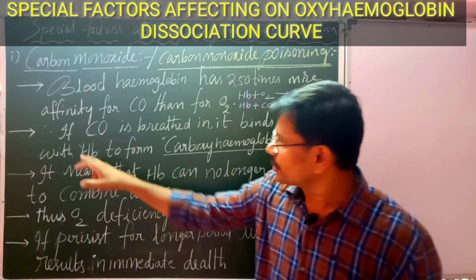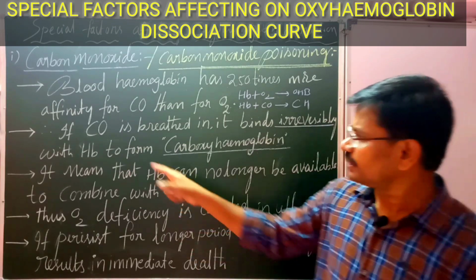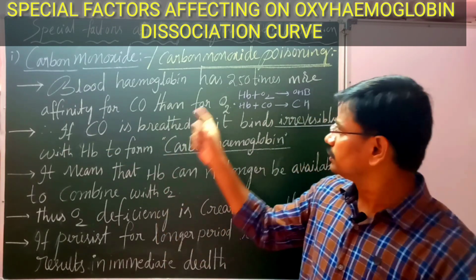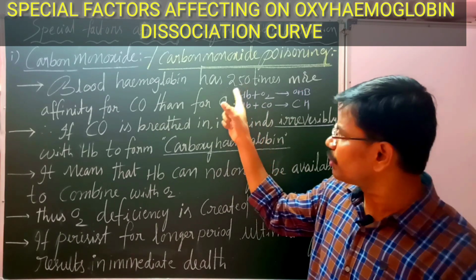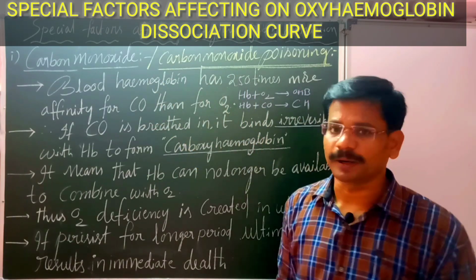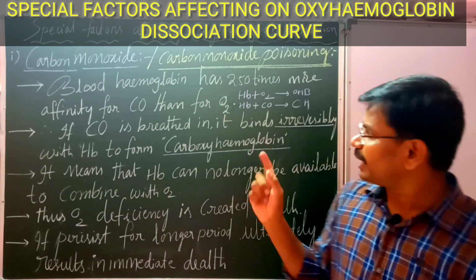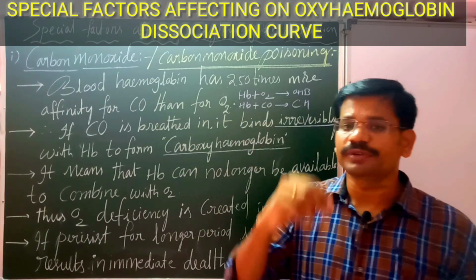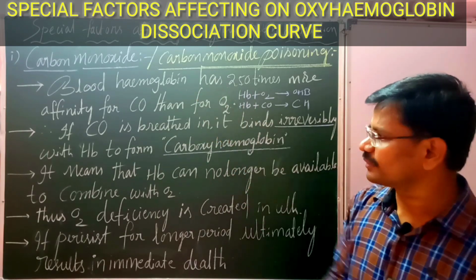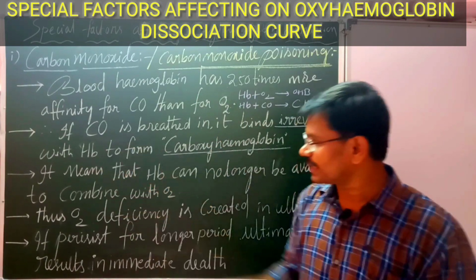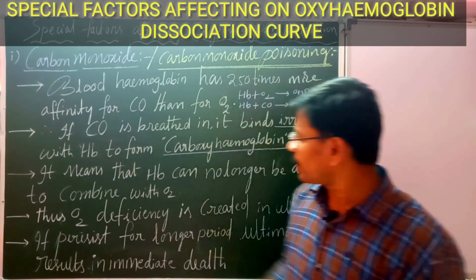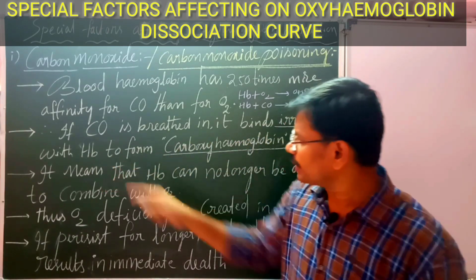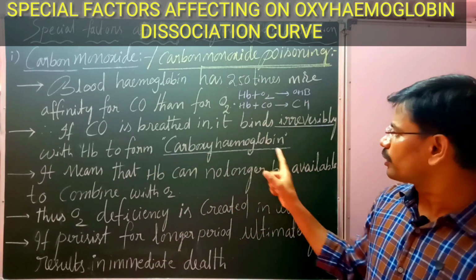Here we are going to talk about some more important things. One is affinity. Affinity is nothing but reacting power, right? Compared with oxygen, carbon monoxide has more affinity with hemoglobin. That means the binding capacity of carbon monoxide with hemoglobin is 250 times more than oxygen. That is the meaning of the first statement. And the second statement: if carbon monoxide is breathed in, it binds irreversibly with hemoglobin to form carboxyhemoglobin.